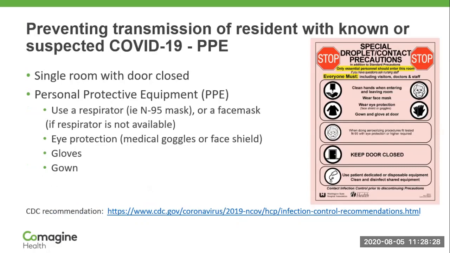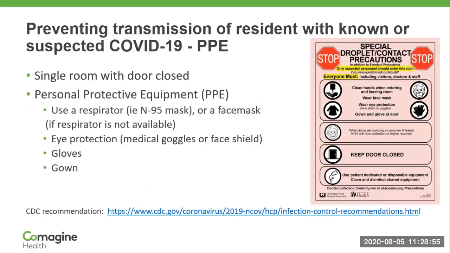This is an example of a sign that can be used, and just a reminder that if you don't have signage, you should definitely have signs on hand. This is an example for COVID-19, so kind of a droplet contact combination, which includes the eye protection.